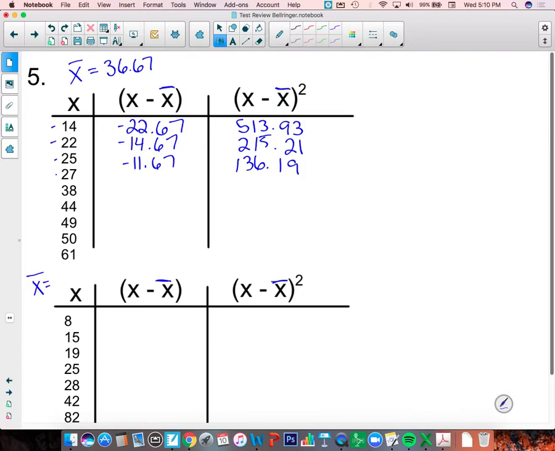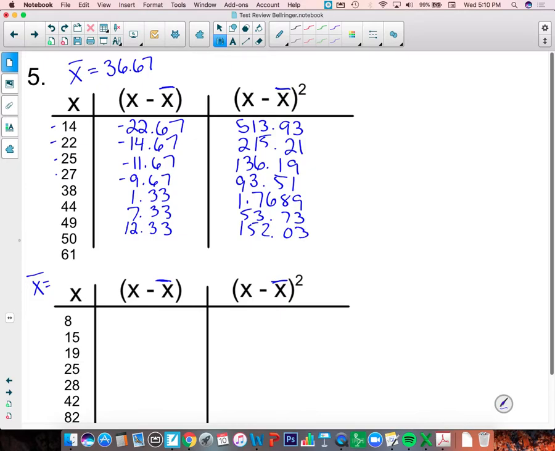So 27 minus. Square that. Almost there. And the last one.